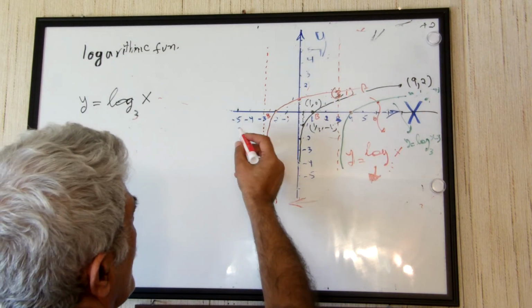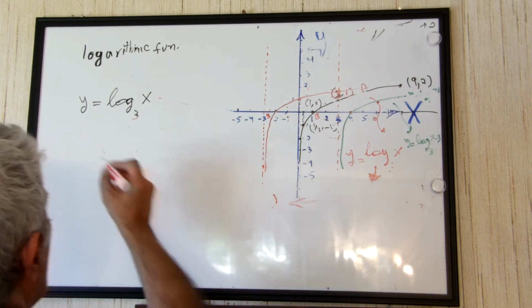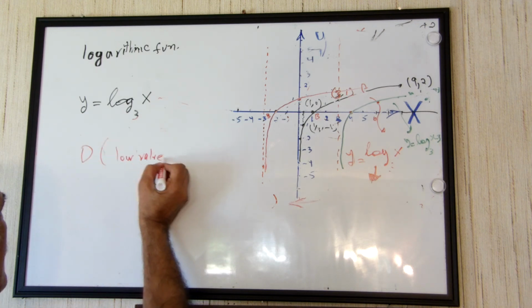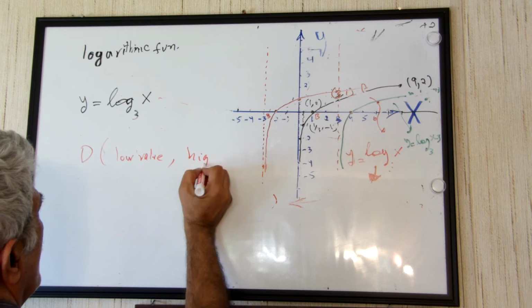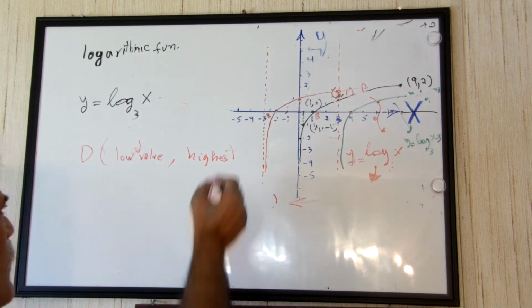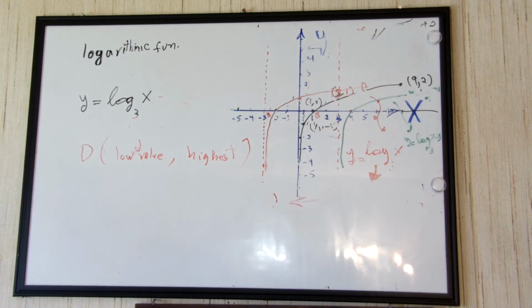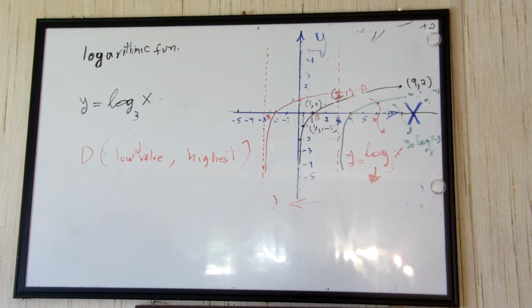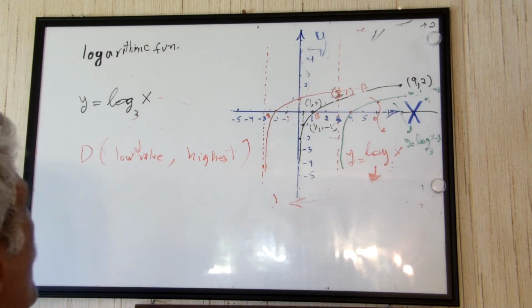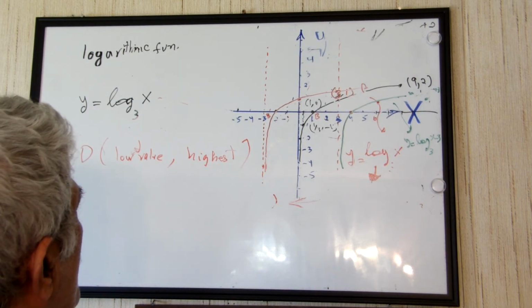The domain goes from the lowest value of x to the highest value of x. In the next video we are going to talk about more of these examples.